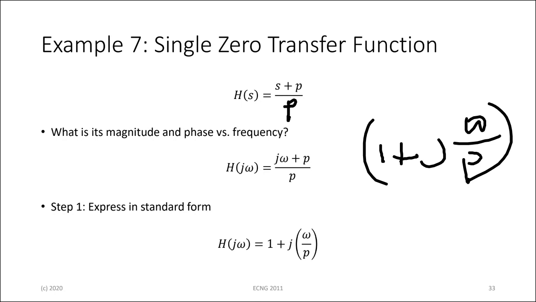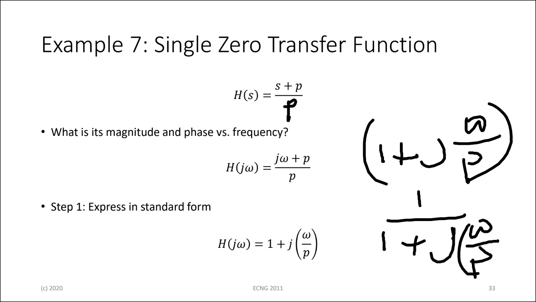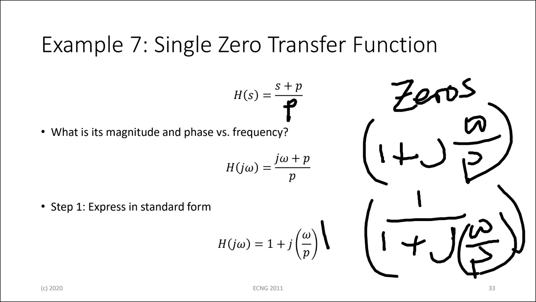All right, so all the zeros we express in that form, all the poles we will express in the form 1 over 1 plus j omega over P. Right? So zeros are like this, and the standard form for the poles are like that. So same behavior here. And if you look, when omega is much less than P, for instance, close to 0, the magnitude is 20 log of 1, which will be 0 dB.